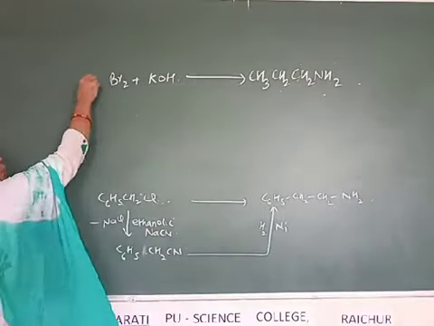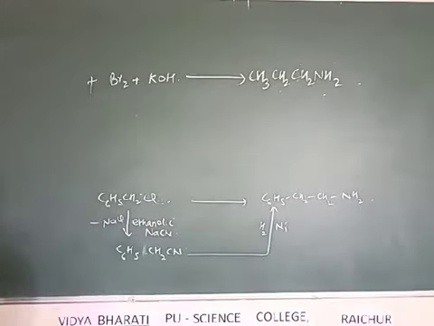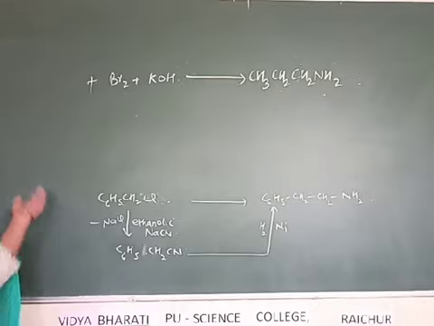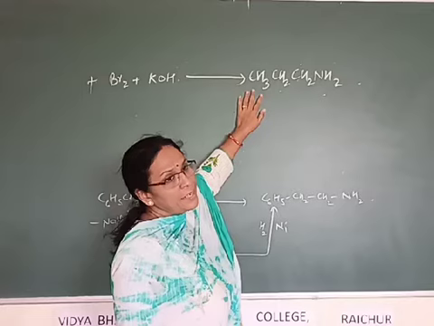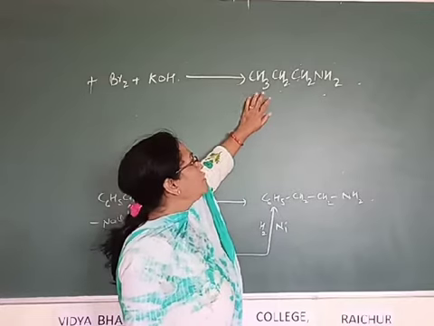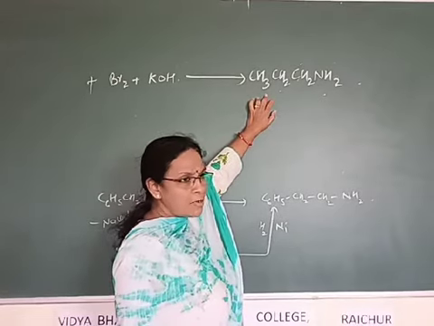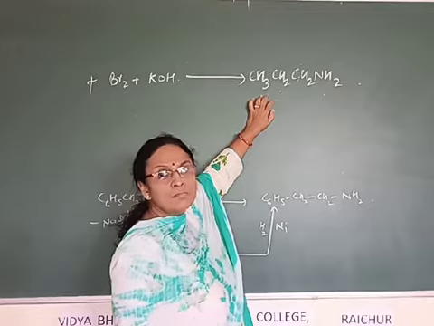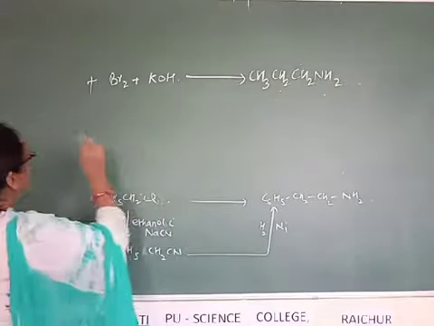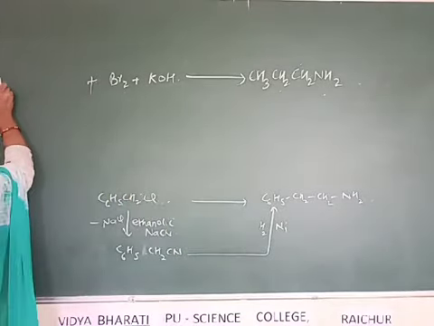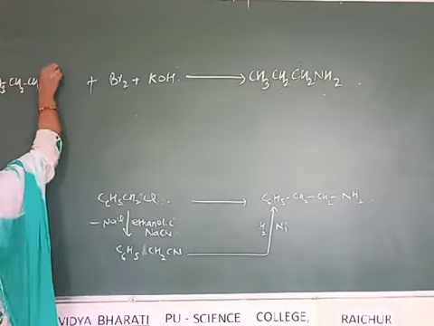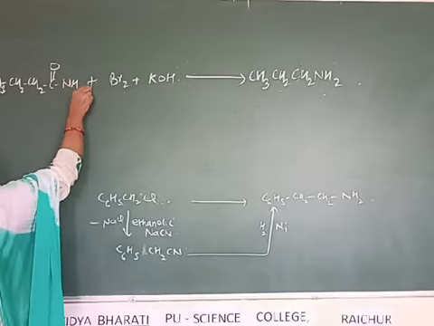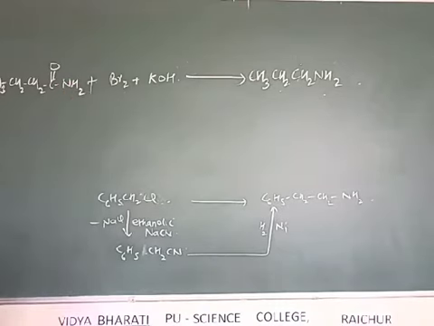So what amide do you require here? I told that in Hofmann degradation, the product will have one carbon less than the reactant. So it means your reactant should have 4 carbon. 4 carbon amide is butanamide. Therefore, here we require butanamide. Is it clear?